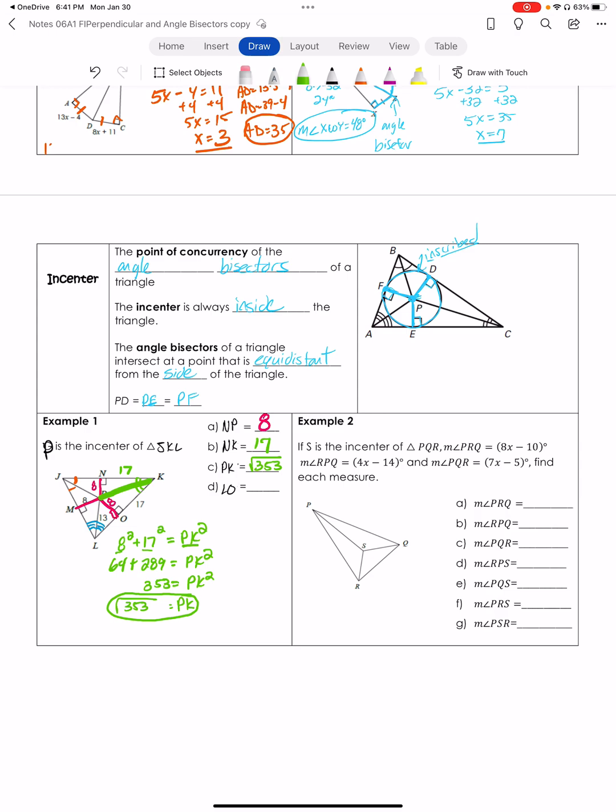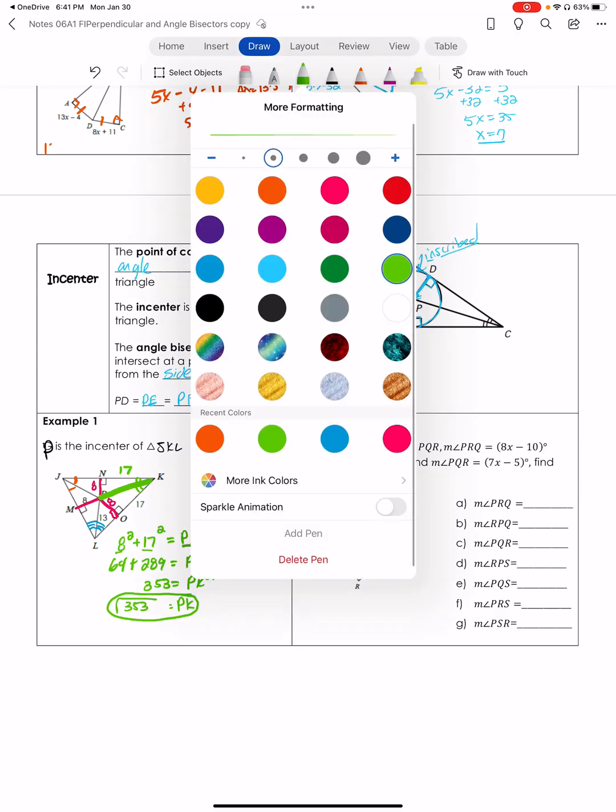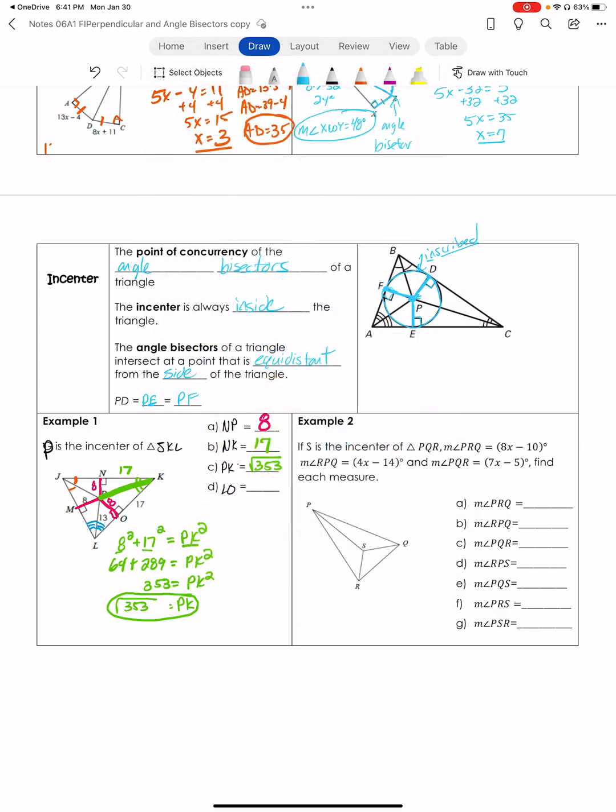Okay, and the last one is LO, which is, okay, so that's going to be 8 squared plus LO squared is equal to 13 squared. 64 plus LO squared is equal to 169.